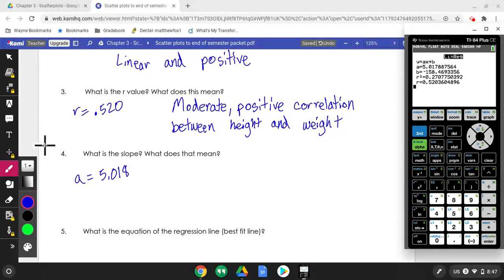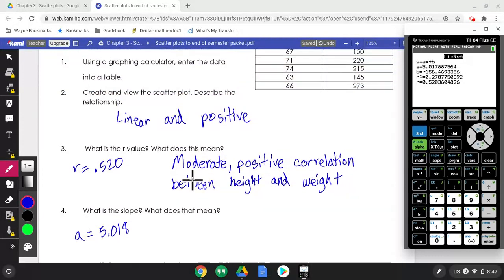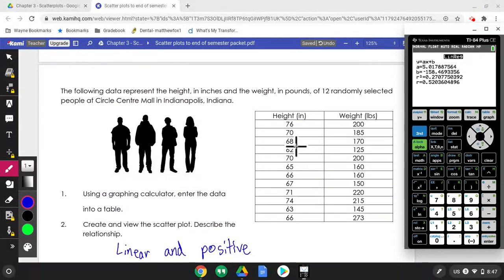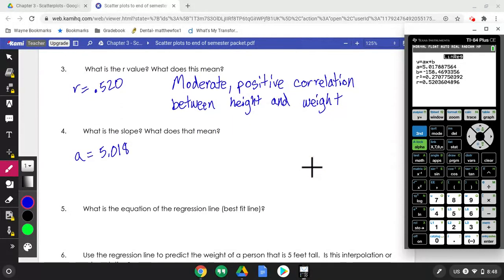And once again, that's not saying that's the case for all of these individuals if we studied them as they grew. But as we look at this data as a whole, that's our general prediction of what is occurring.